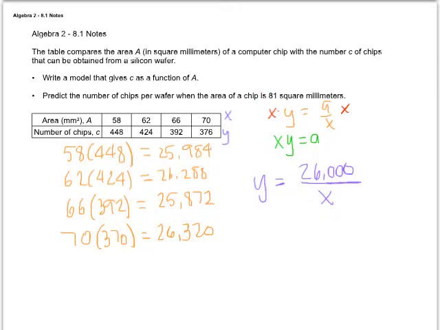So now what am I going to do? I'm just going to take my 26,000 and divide it by 81. And when I do that, I'm going to get the number of chips. And so that is going to be about 321. It'll be really close. So that's another way that you can find inverse variation.